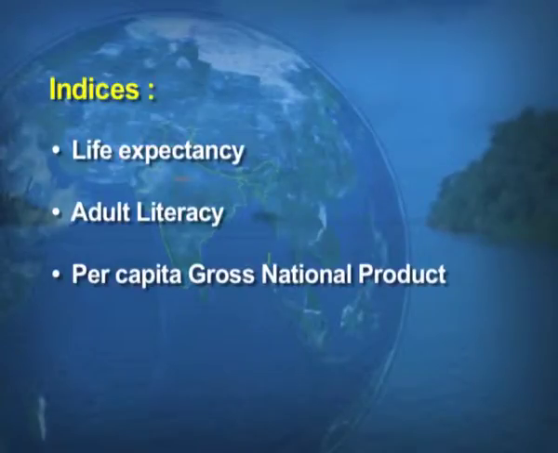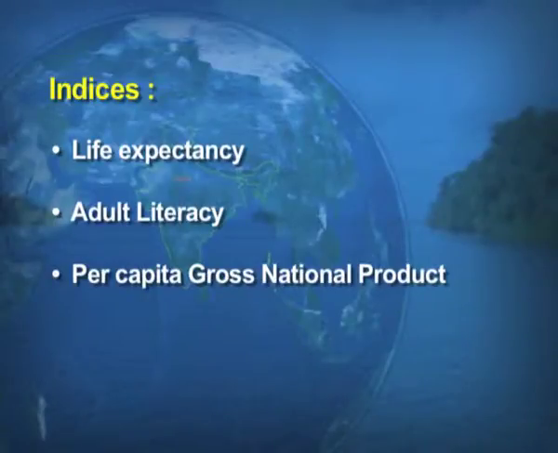The second indicator of human development is the education base. So, the index for that education base is adult literacy, that is how literate a person is, or for a country we talk about what percentage of the population is literate.